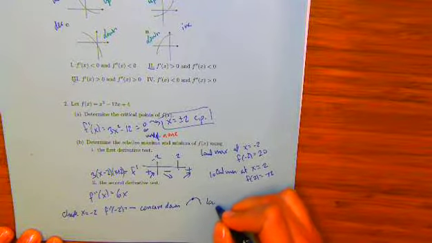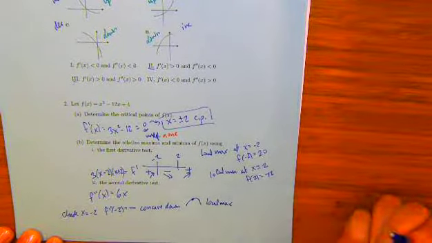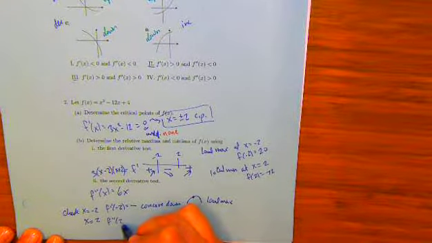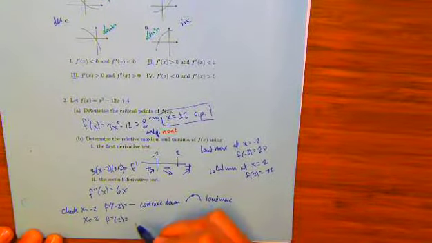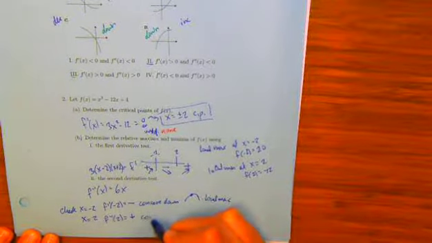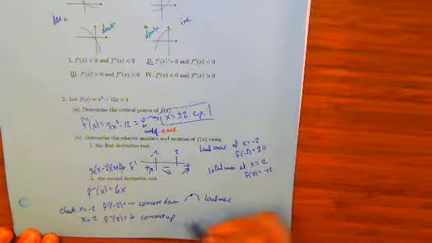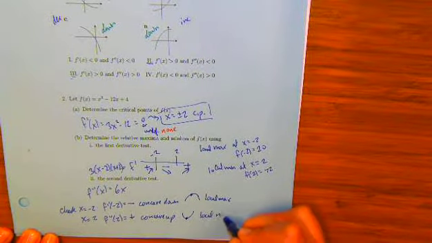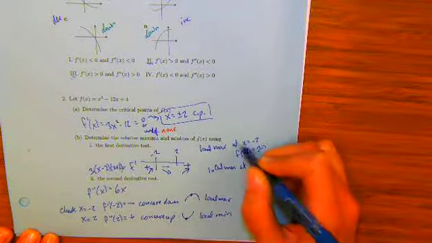Local max. It's going to be a local max. How about at 2? What would the sign be of the concavity? Positive, concave up. Meaning that critical point is concave up there, it's a local min. Right? And you'd give your answer like we did here.